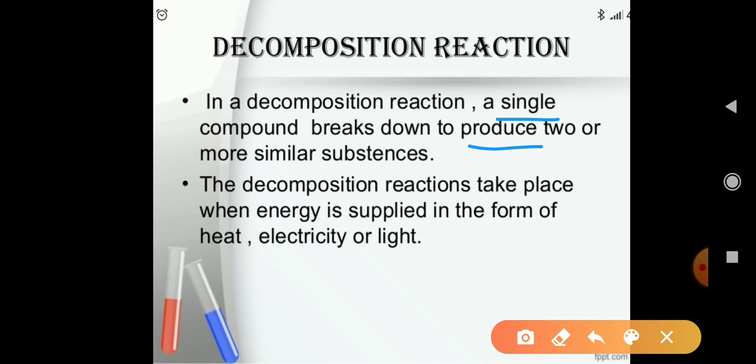The decomposition reaction takes place when energy is supplied in the form of heat, electricity or light. So for a decomposition reaction we should supply energy in the form of either heat, electricity or light. Depending on this there are types of decomposition reaction: heat energy, electrical energy and light energy.